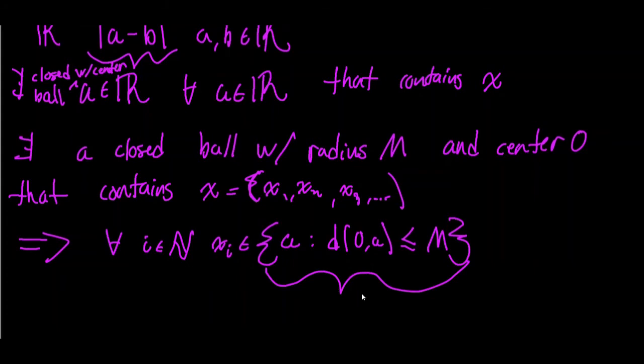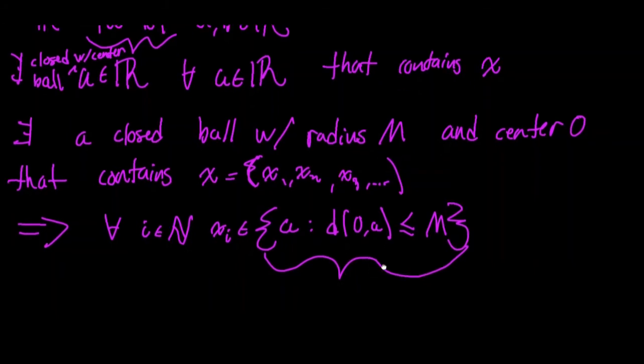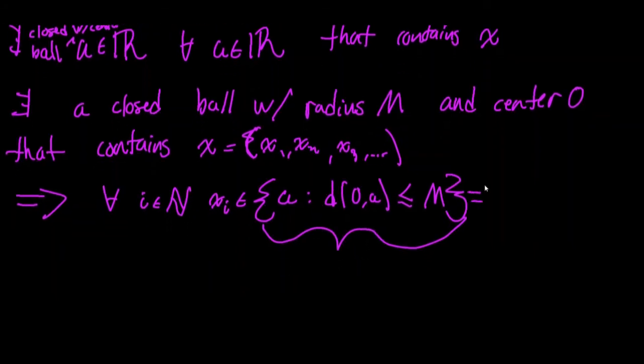This is the set that defines our closed ball with radius M, and this is equal to all A such that, since the distance is defined as the absolute value of 0 minus A and our center is 0, the distance between our center 0 and any arbitrary point A in that closed ball must be less than or equal to the radius.